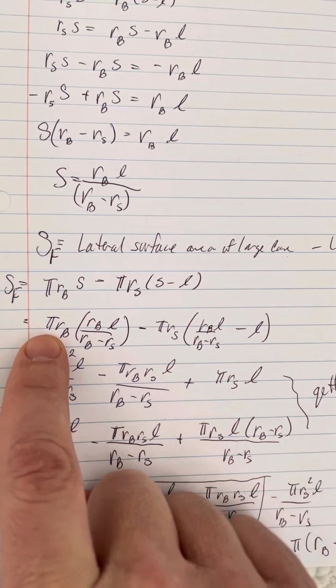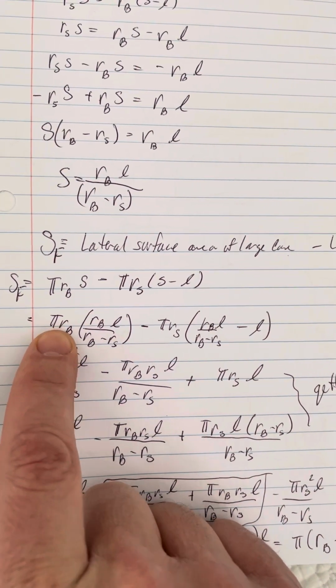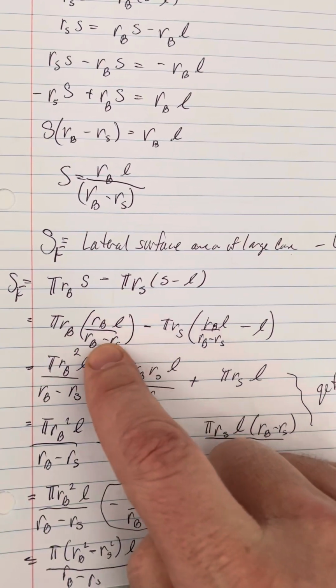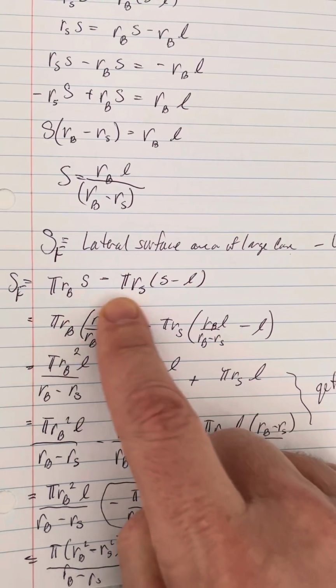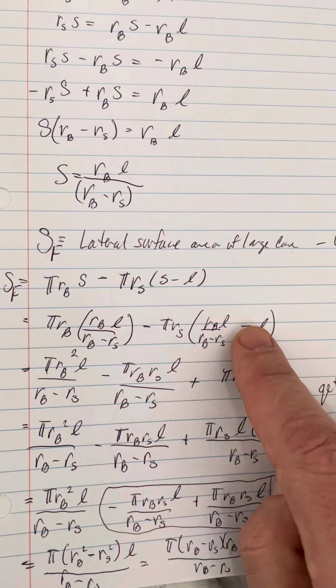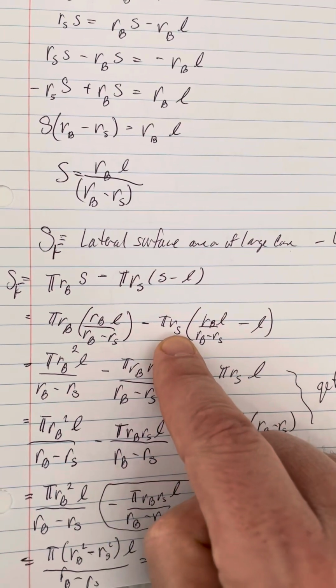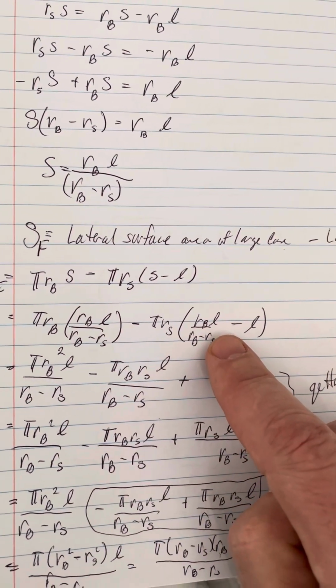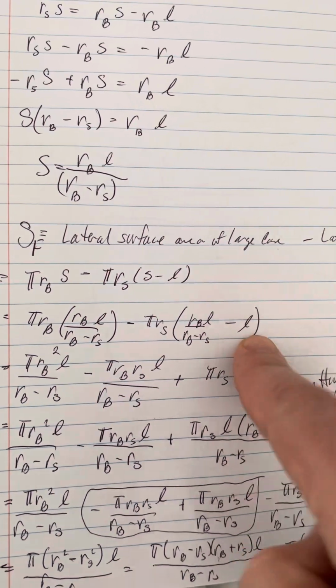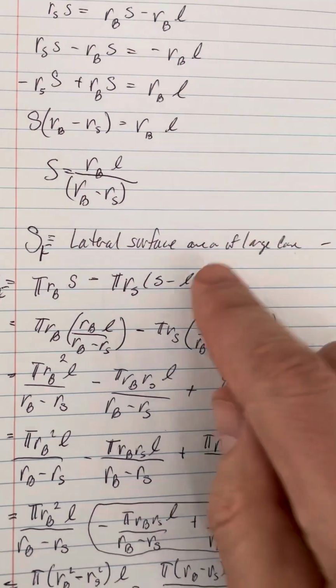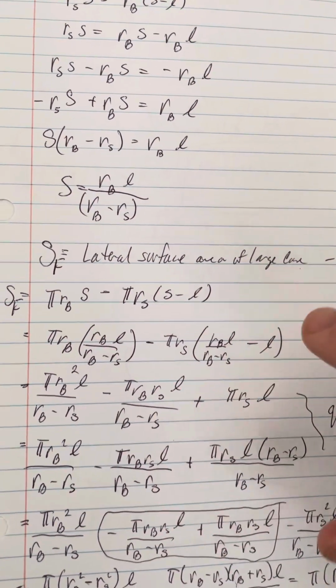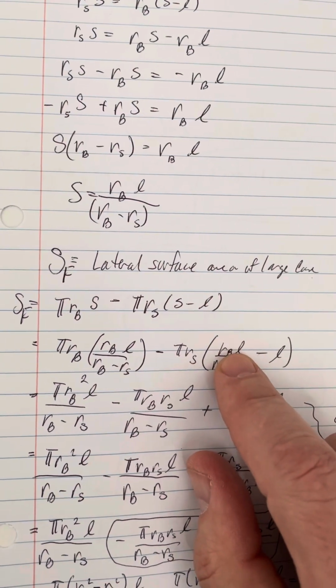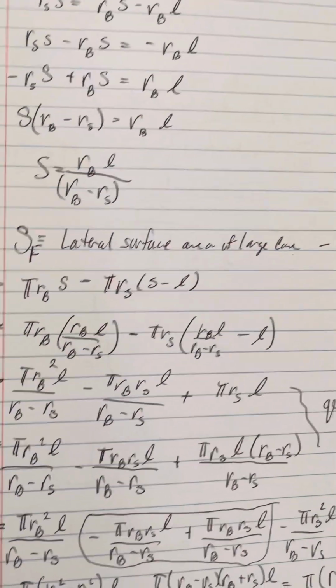So we're going to take pi, radius of the big cone, times the slant height S, and then pi times the radius of the small cone, times the slant height minus L, the little cone's, or the frustum piece, okay?